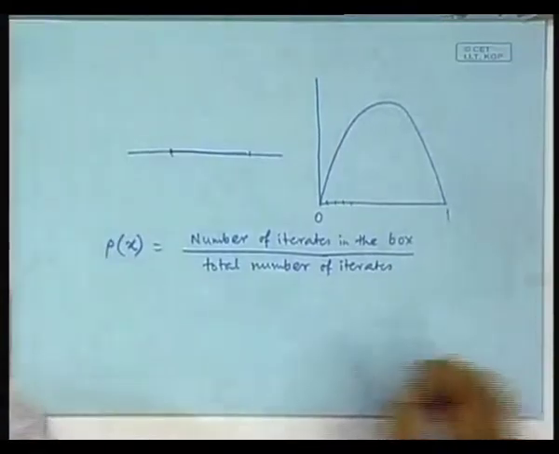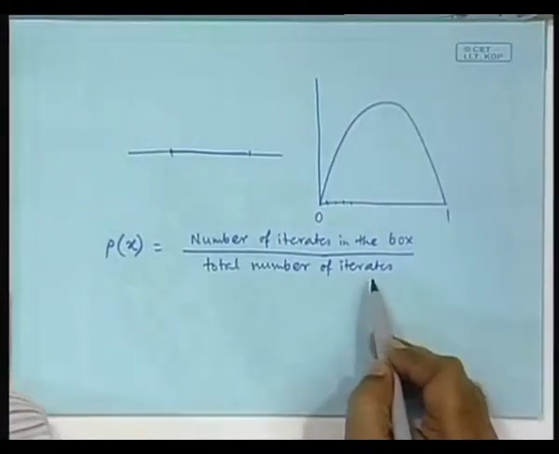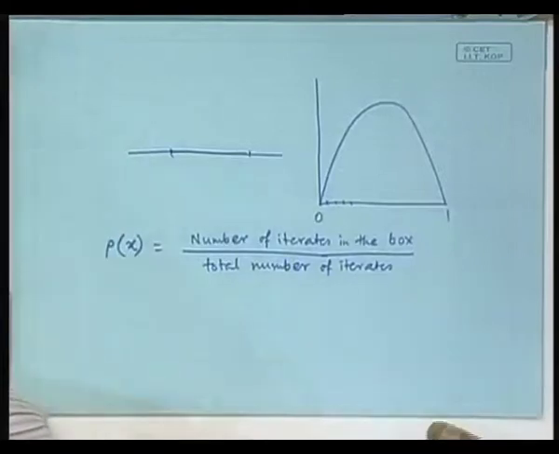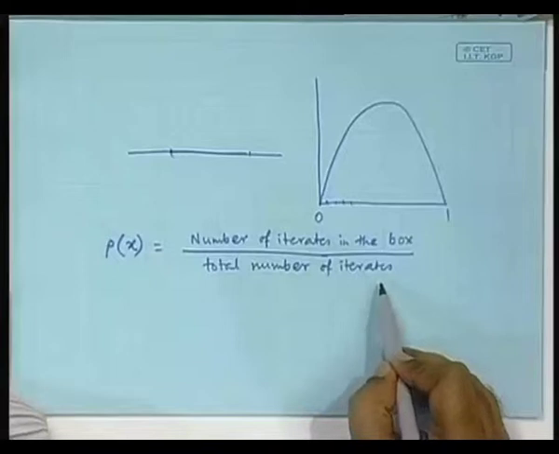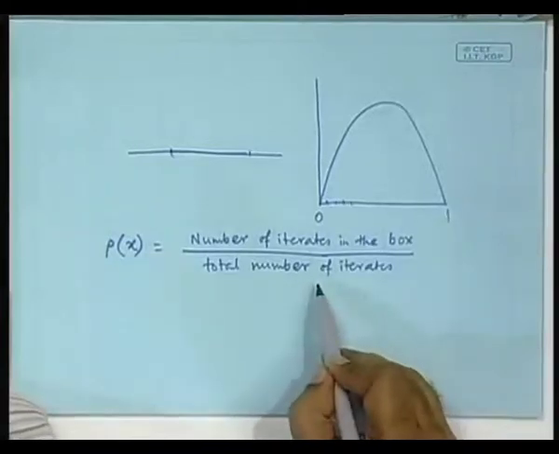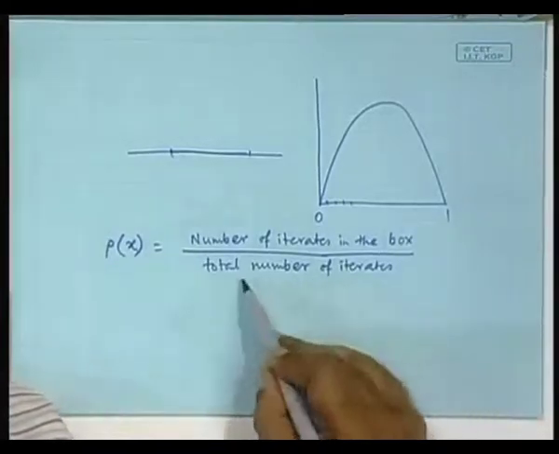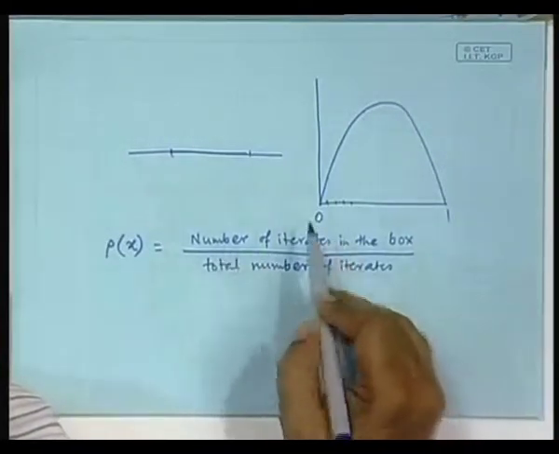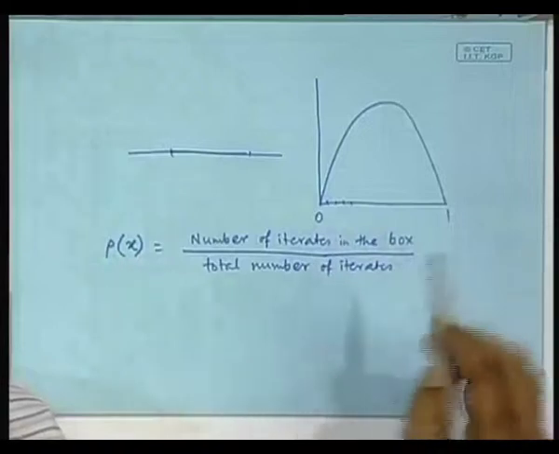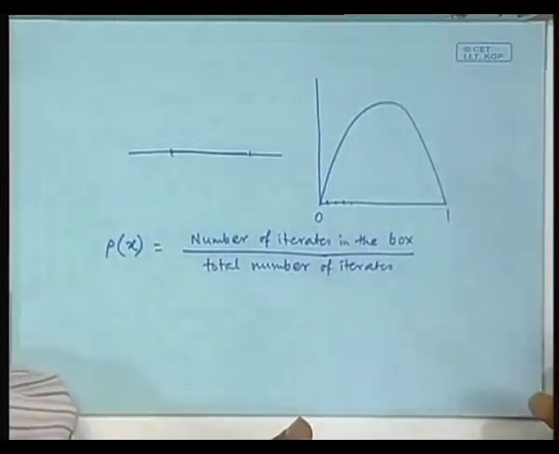Obviously, in order to get something reasonably approximating the actual density of each box, you will have to take a large number of such iterates, for example, a million of them, right. If you take a million, that means in the denominator it will be a million, and in the numerator for each box there will be a certain number. If you divide, you get the density.